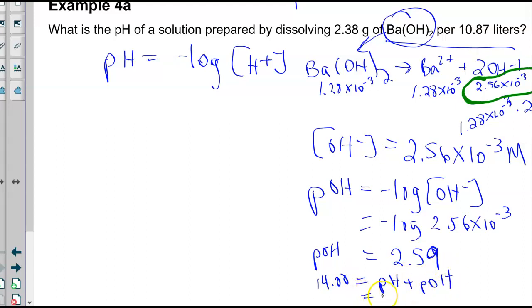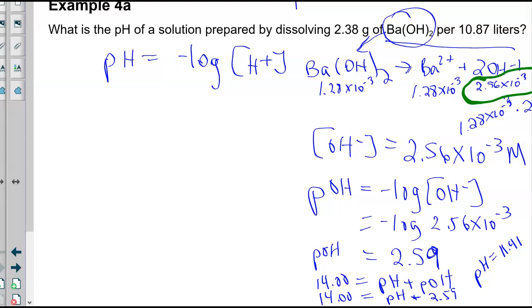We just figured out pOH of 2.59. So now we're going to take 14.00 minus 2.59, and I get my pH of 11.41. So we have solved one way that we can solve this problem.